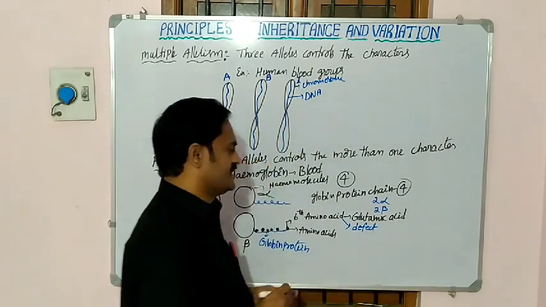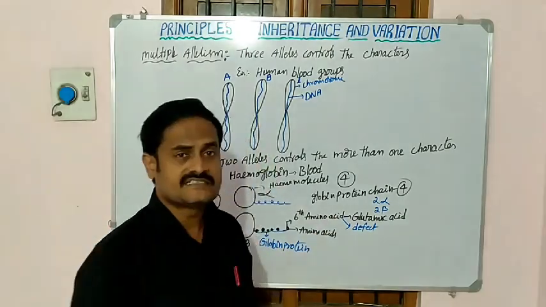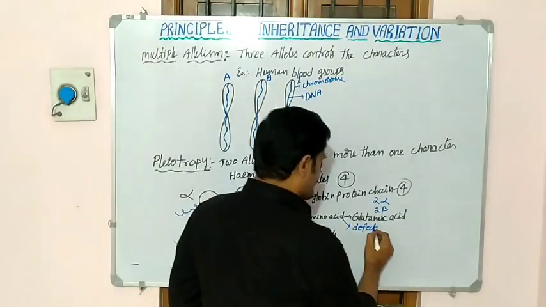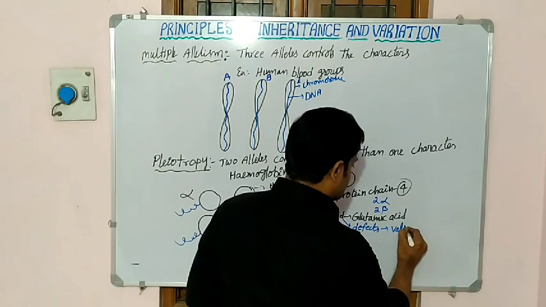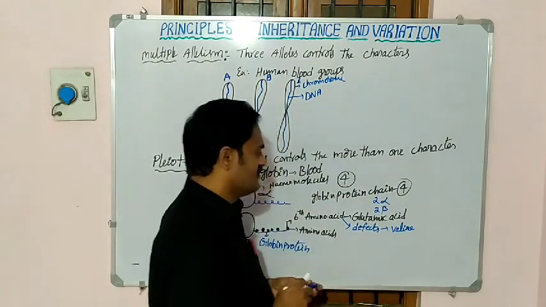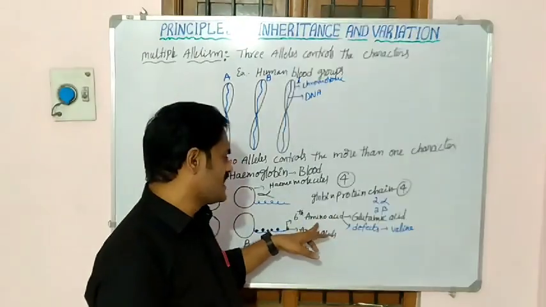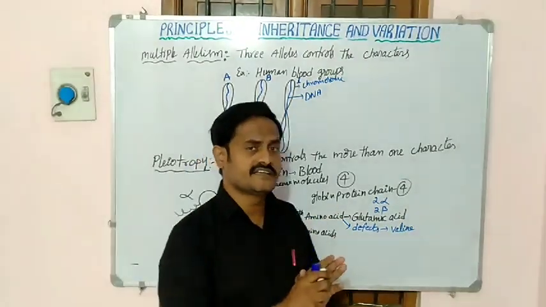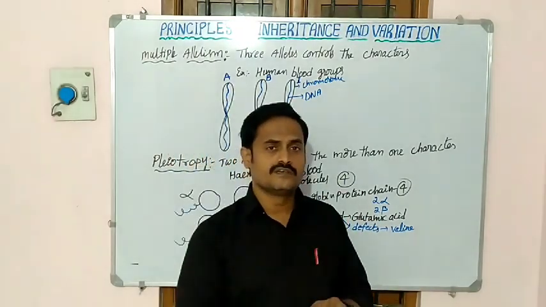When the amino acid is defective, it releases valine. Understood? Commonly, in the normal DNA, the sixth amino acid releases glutamic acid.